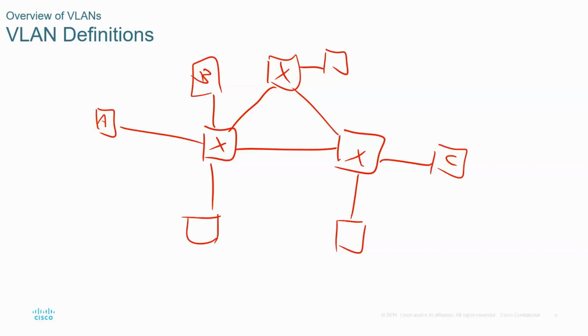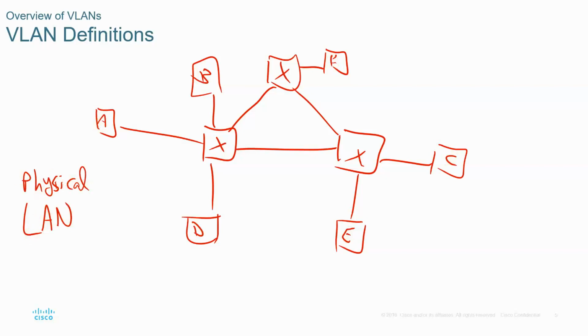For example, A, B, and C are all members of the HR department. And then devices D, E, and F are members of a different department, and they have different needs. Okay? Even though they are all connected to the same physical LAN, the same physical topology, we want to be able to create a virtual topology on top of that that reflects our actual administrative needs, our actual company hierarchy.